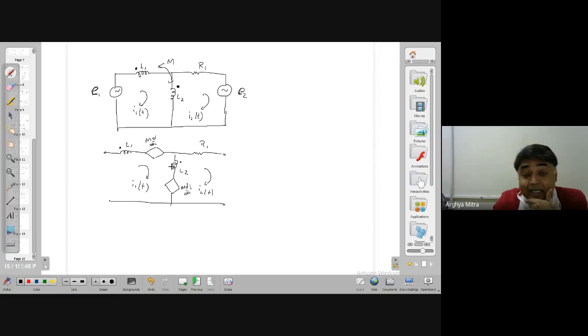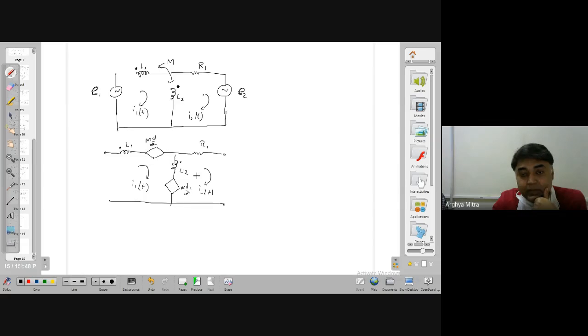This is the resultant current, because it's common between these two loops. This is a common inductance present. So I1 minus I2, or I can say I2 minus I1, whatever you feel like.